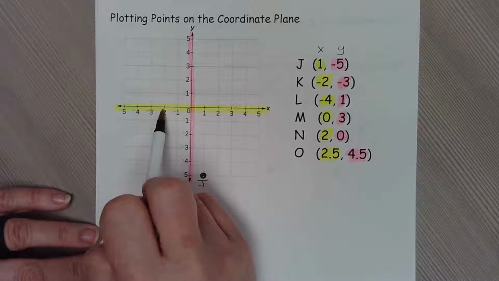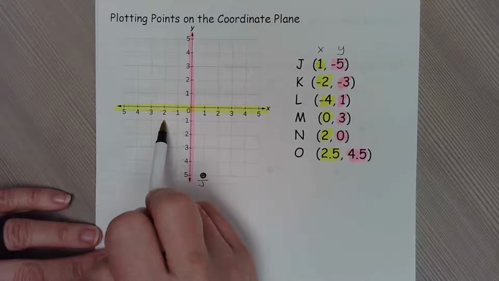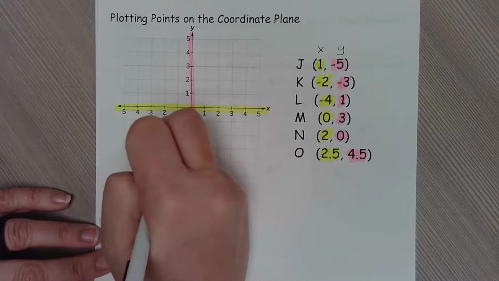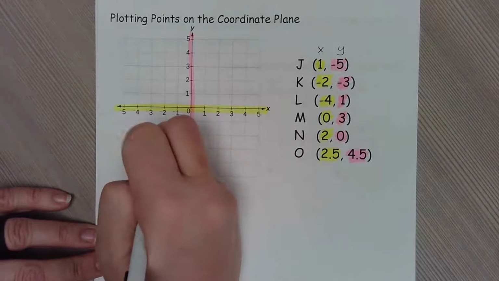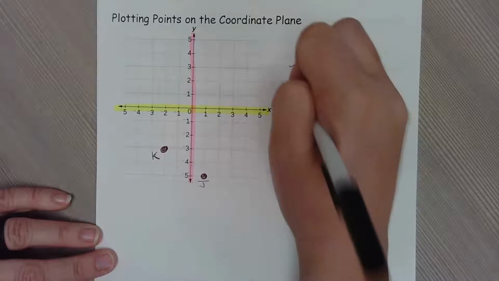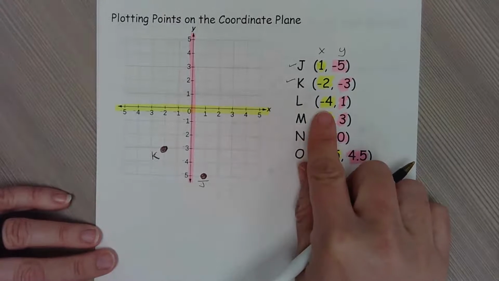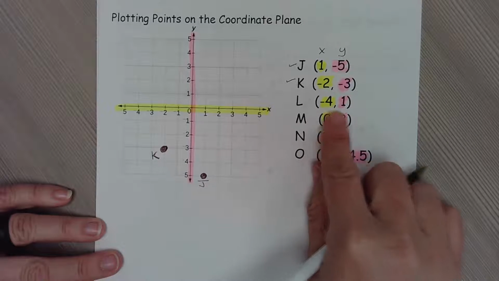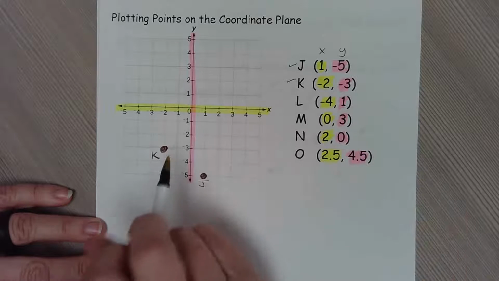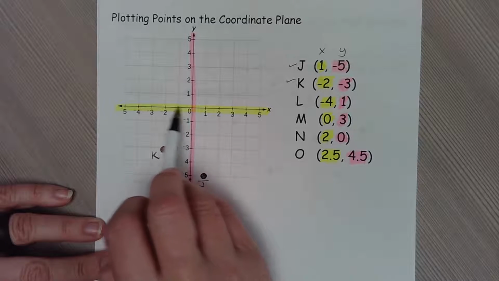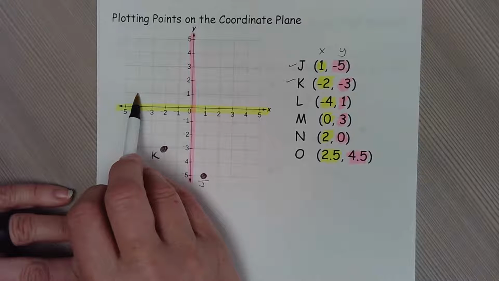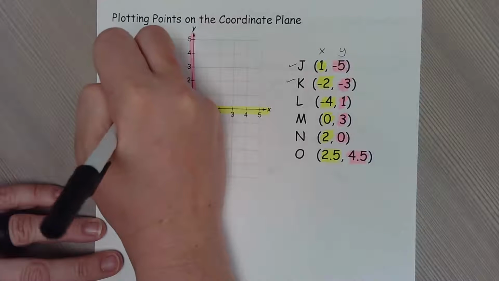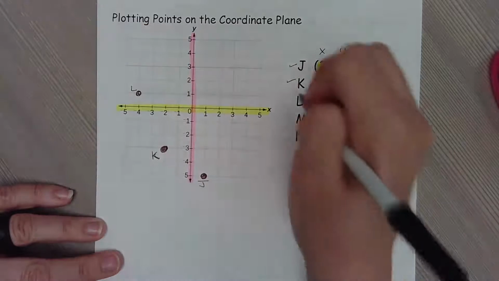And then we need negative 3. 1, 2, 3, right here. So an obvious point, and then label. All right, we're on to L. Negative 4, 1. So starting at your origin, going to negative 4, and then 1 up, 1 positive. So point, label it L.